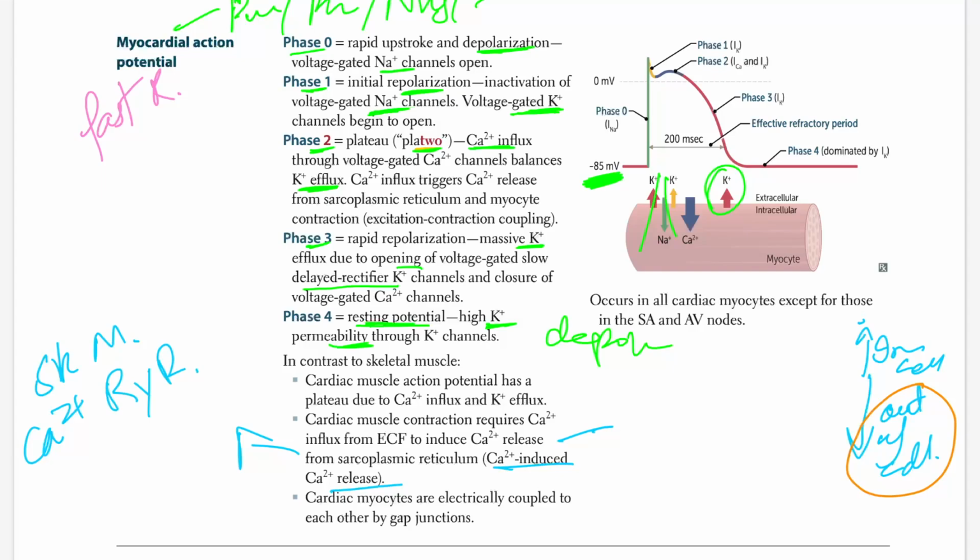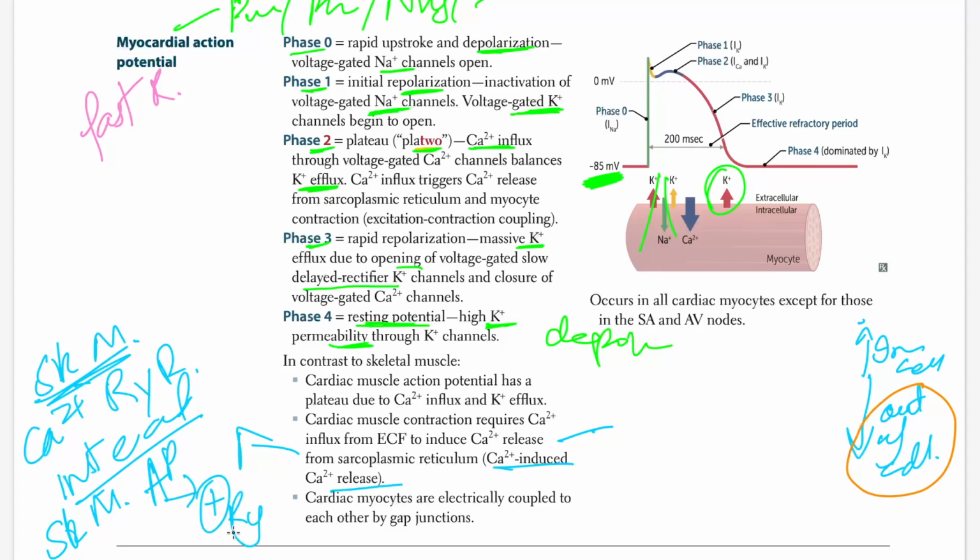Instead, in skeletal muscle, the action potential directly stimulates your ryanodine receptor RYR channels to release the calcium from the sarcoplasmic reticulum.